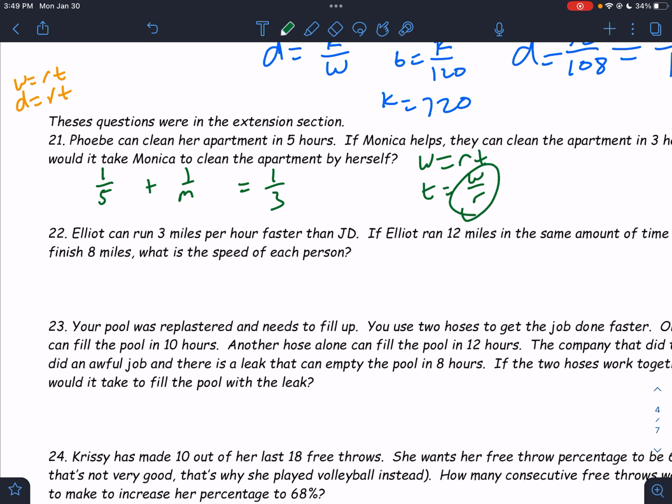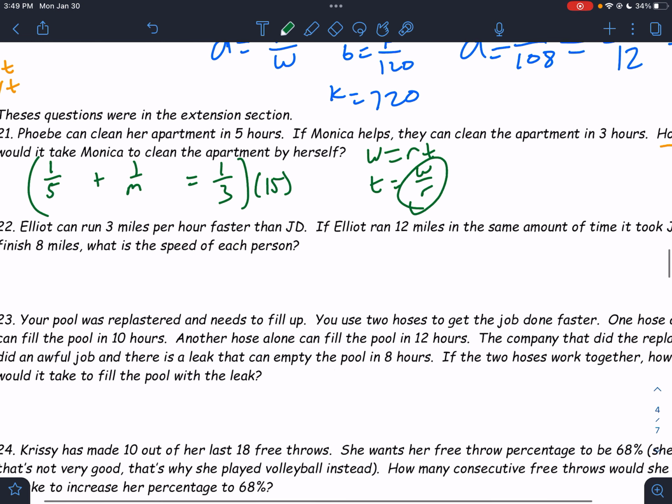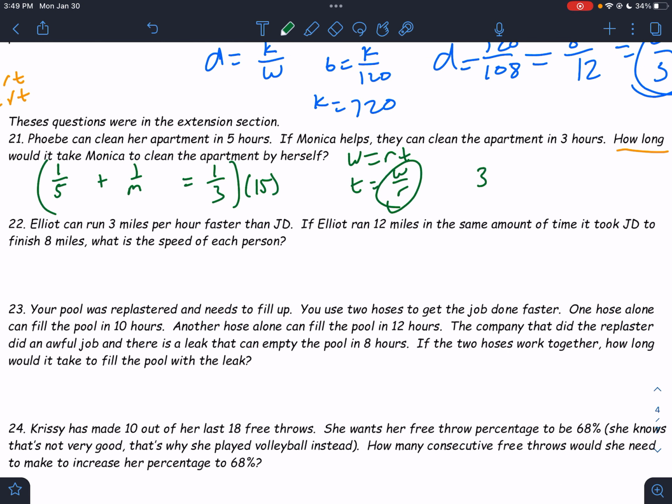Okay, I like this one. Multiply everything by 15. Oh my, if you came here for this one, I'm sorry. So you distribute that. You get 3 plus 15 over m. Nope. Let's multiply everything by 15m.